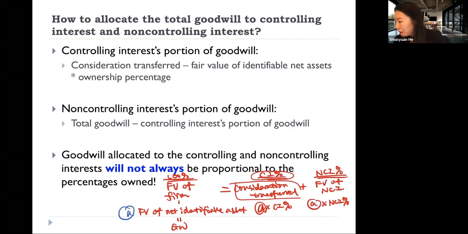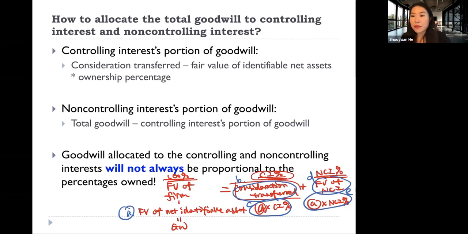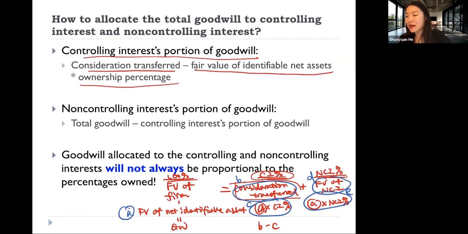And then if we label this as B, so this is B and this is C, D, E. The controlling interest part of the goodwill is B minus C, which is here. Controlling interest portion of goodwill is consideration transferred minus fair value of net identifiable asset multiplied by its ownership percentage.